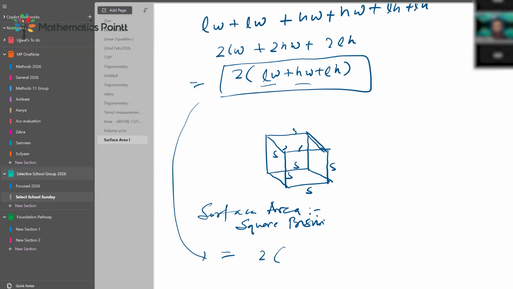Now, all of them are sides. L is also side, width is also side, height is also side.